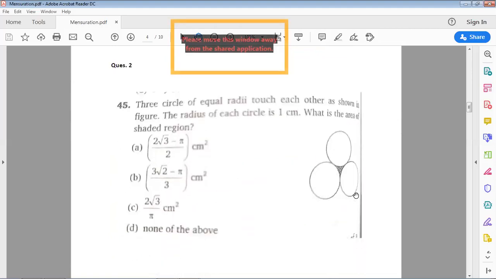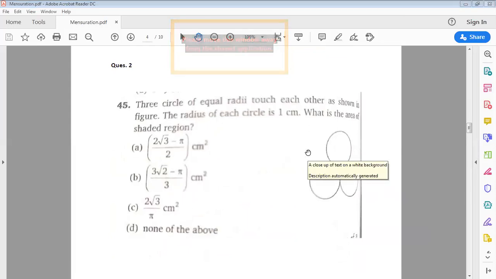So this is the second question. This question is very common in competitive exams, and there are many questions related to this only. So just read this question and I will show you the solution later. Guys, please read this question now.